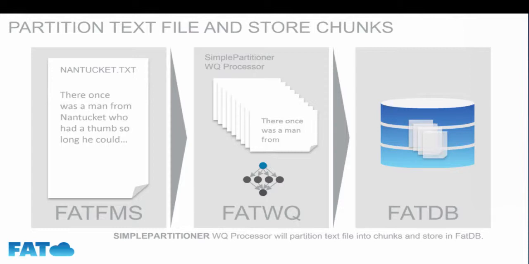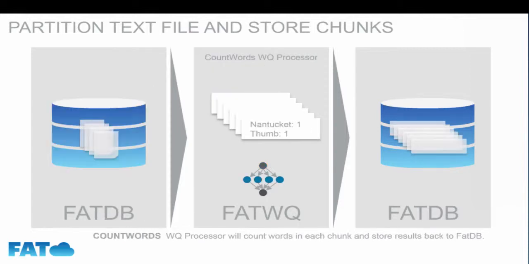And the actual processor that's going to be doing this chunking is a simple partitioner, and you can see that the blue node on the head of the job graph, that's the first step that we take.